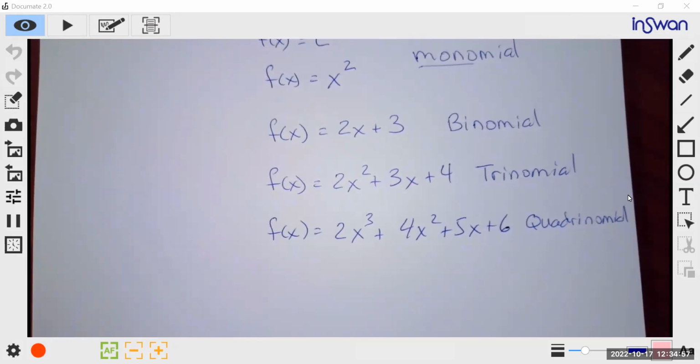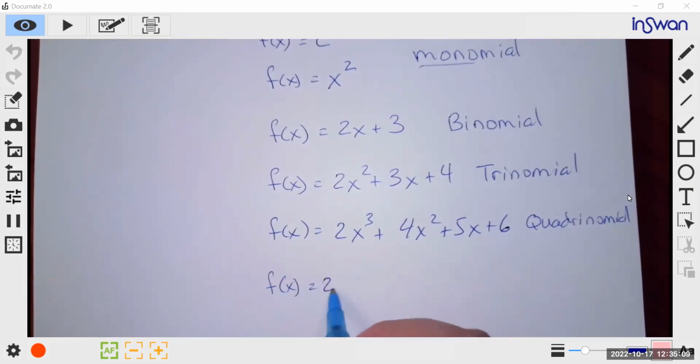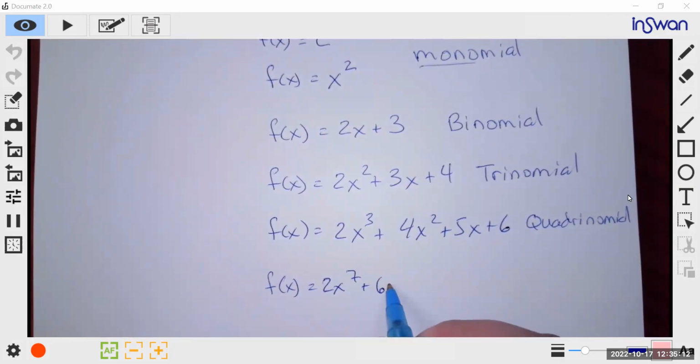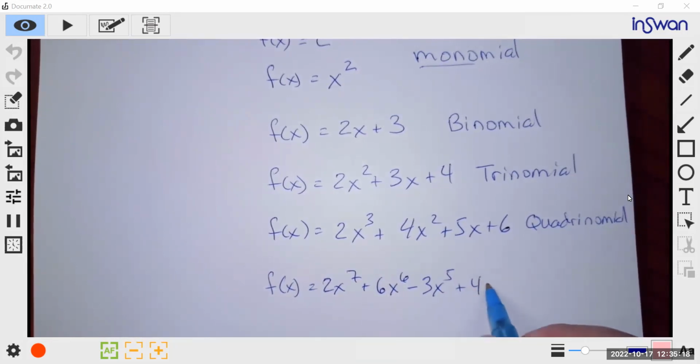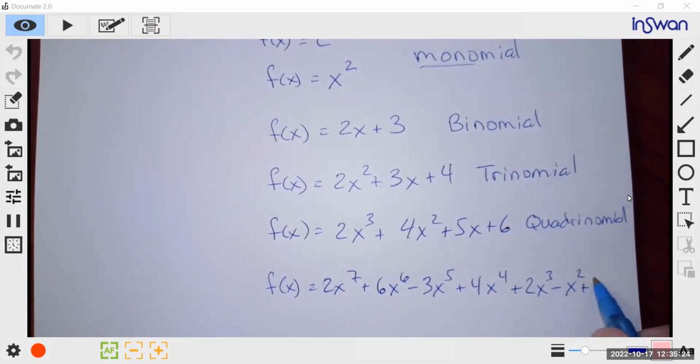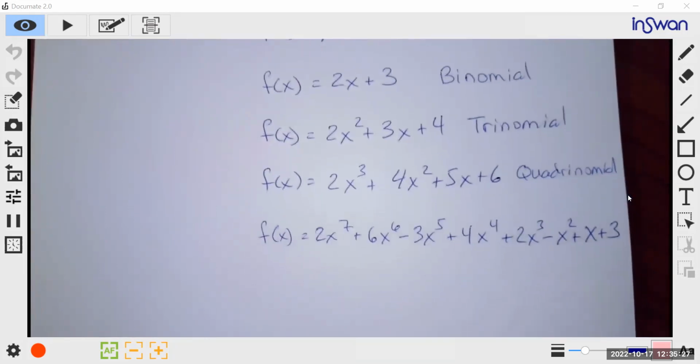And anything after that, we give it a number and another name. For example, this one has how many terms? It has 7 plus the constant.